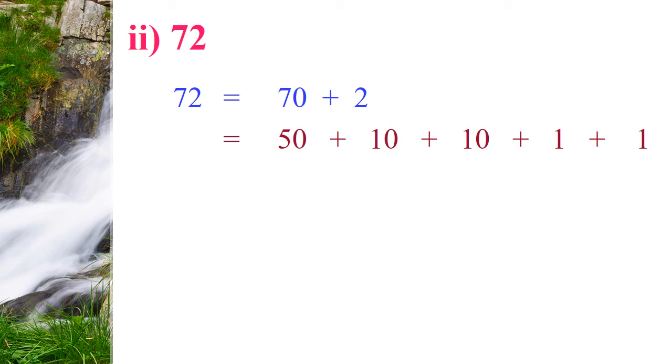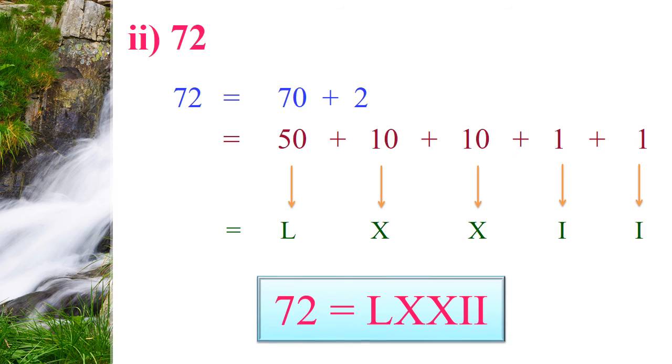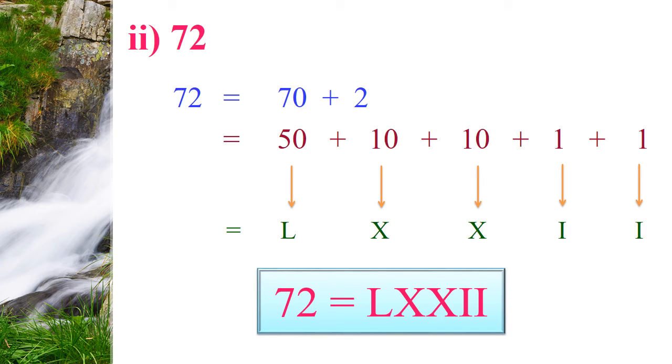So 50 plus 10 plus 10 plus 1 plus 1. Next, insert the symbols. So 50 represent L, 10 represent X, 1 represent I. So finally, we should write symbols together. So we get 72 equal to L, X, X, I, I.